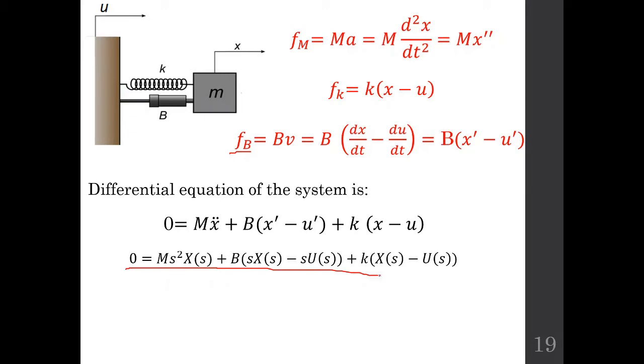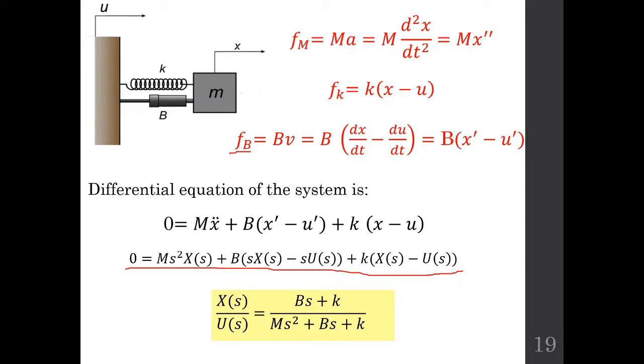Simply by rearranging X of s and U of s, assuming this is the output displacement and this is the input displacement, the transfer function of this translational mechanical system, X of s divided by U of s, is equal to bs plus k divided by ms square plus bs plus k. This was quite simple.